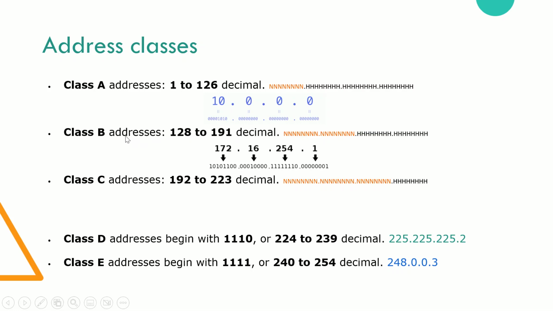If an IP address is classified in class B, you can say the first and second octets belong to the network portion, and the third and fourth octets belong to host.